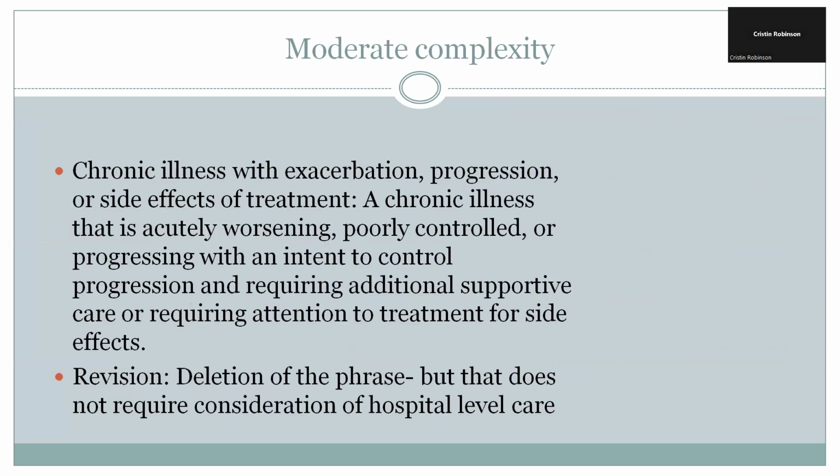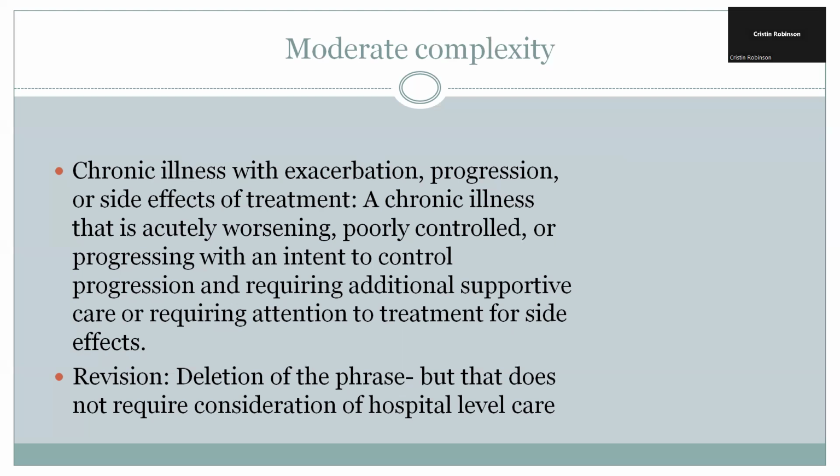Now we have moderate complexity. So this is a chronic illness that is exacerbated. It is progressively getting worse, or having side effects of treatment. A chronic illness that is acutely worsening, poorly controlled, or progressing with an intent to control progression and requiring additional supportive care, or requiring attention to a treatment for the side effects.